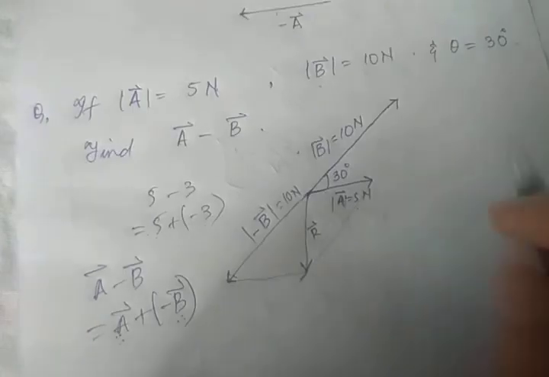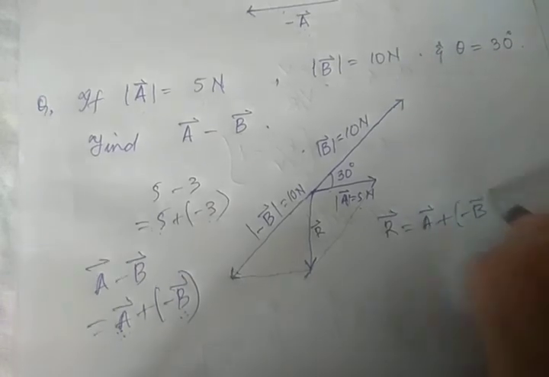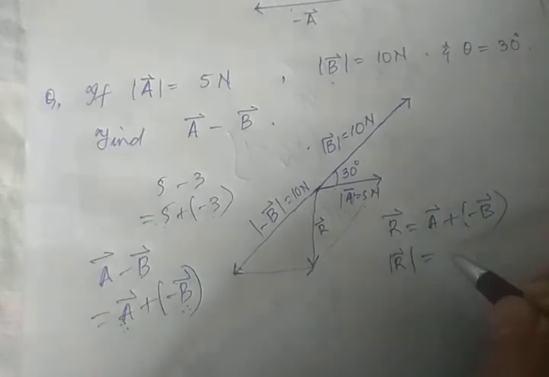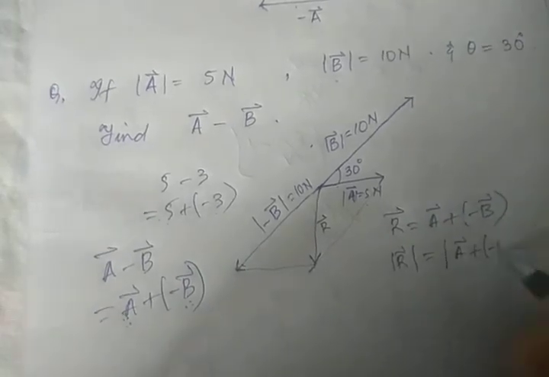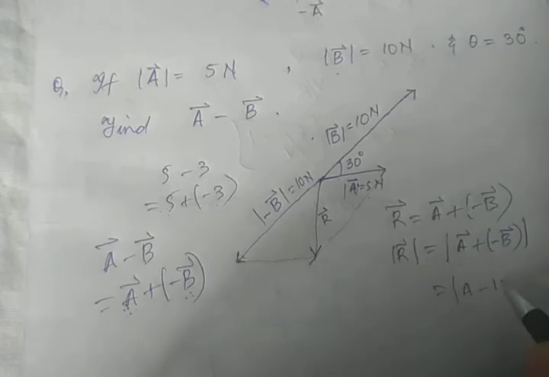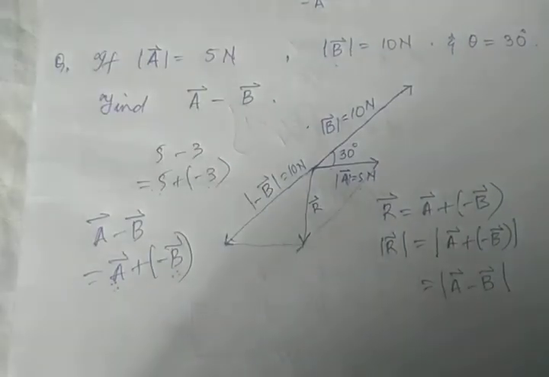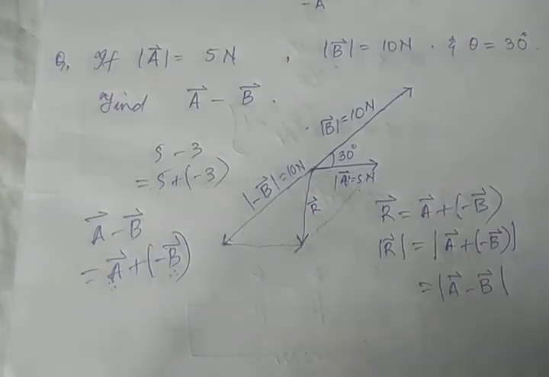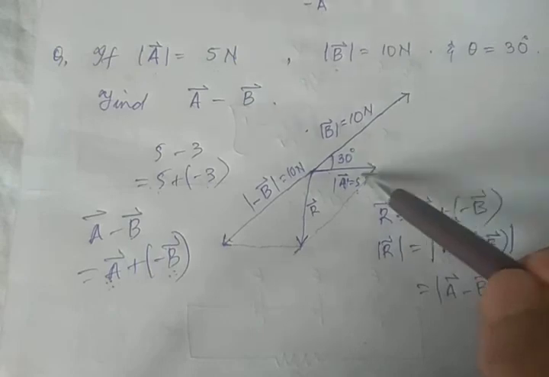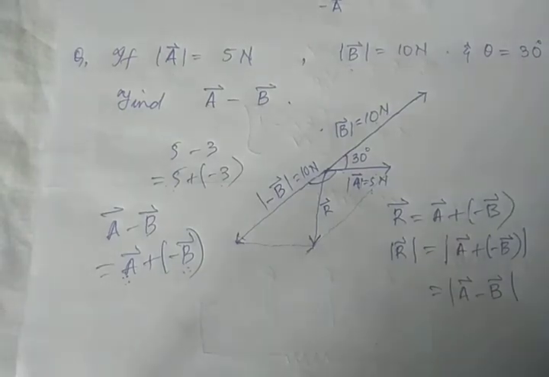This R will be A plus of minus B. Or for that matter, the magnitude of resultant R will be magnitude of vector A plus of minus B, which can also be written as vector A minus vector B. Now one thing you need to understand: since the angle between vector A and vector B was 30 degrees, will the angle between vector A and vector minus B be 30 degrees?